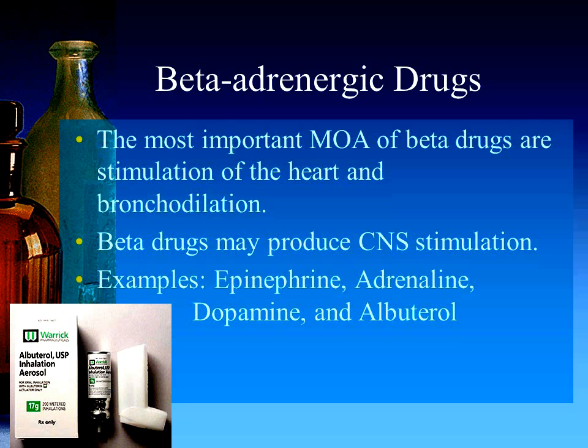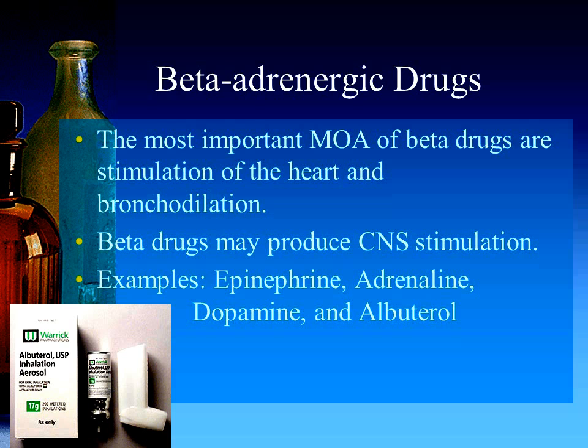The most important mechanism of action of beta drugs is the stimulation of the heart and bronchodilation. So therefore, we use beta adrenergics in cases where we want to pick up the heart rate or we want to dilate the bronchioles.